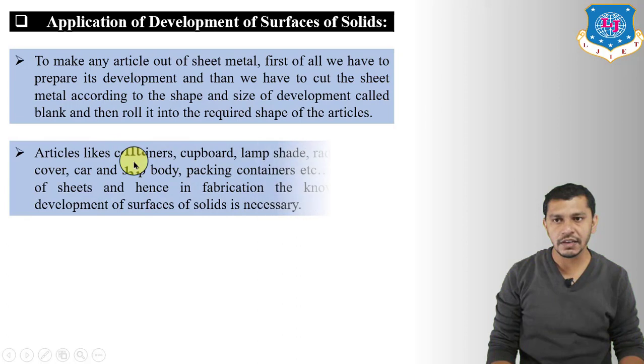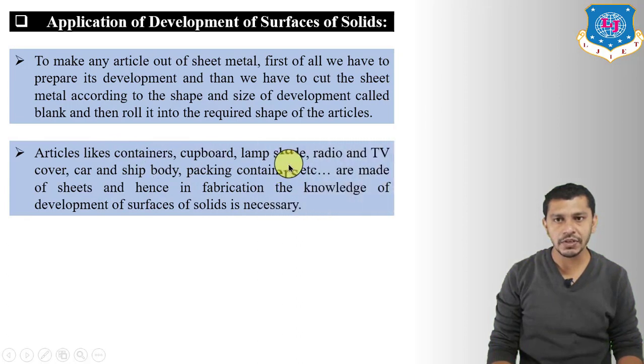So articles like containers, cupboards, lampshades, radio and TV cover, car and ship body, packing containers, etc. are made of sheets, and hence in fabrication the knowledge of development of surfaces of the solid is necessary.